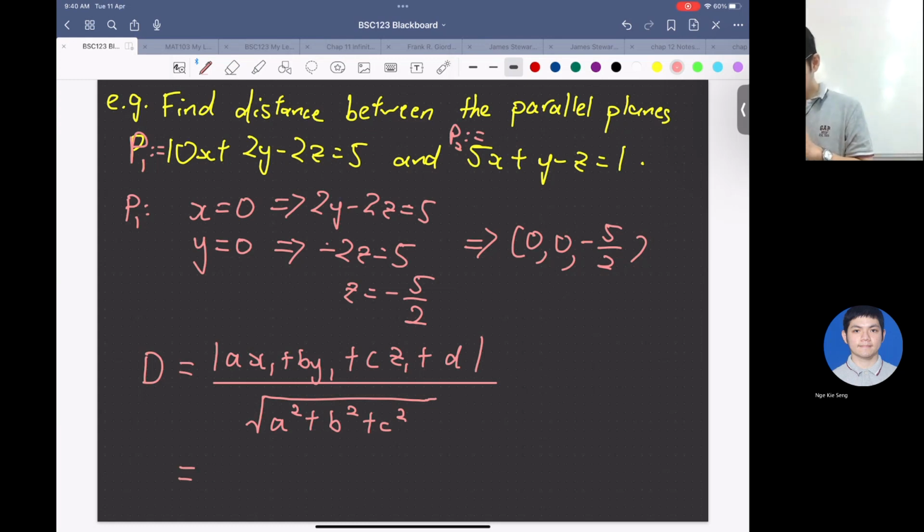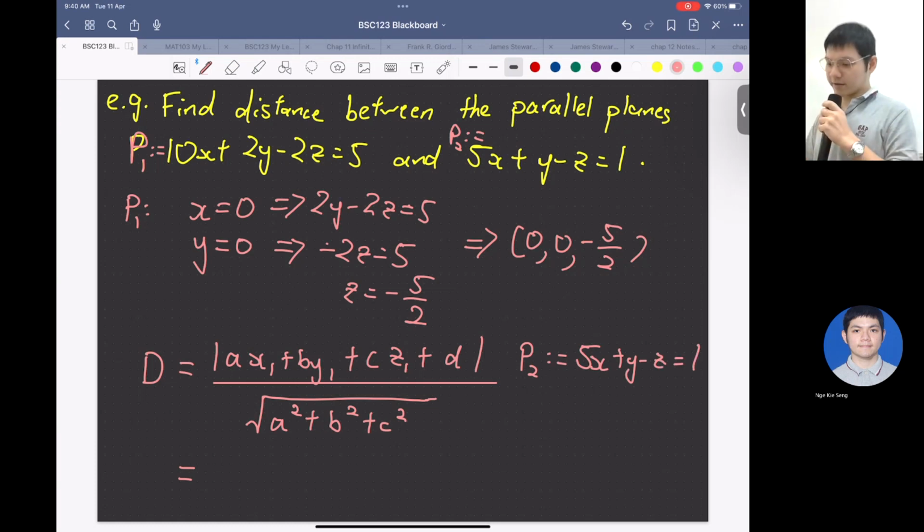So, let's come back. What's our plane? Our plane is P2, which is 5x plus y minus z equals 1. So we got a point and a plane, and this is everything we need. We just substitute it into the formula.